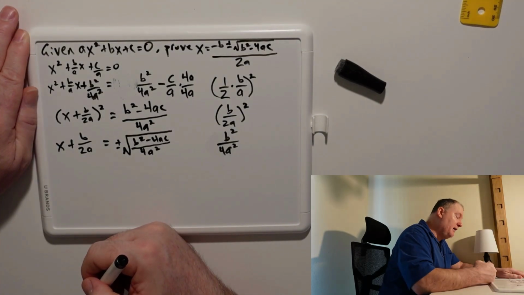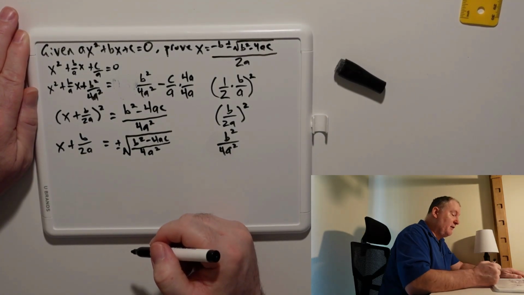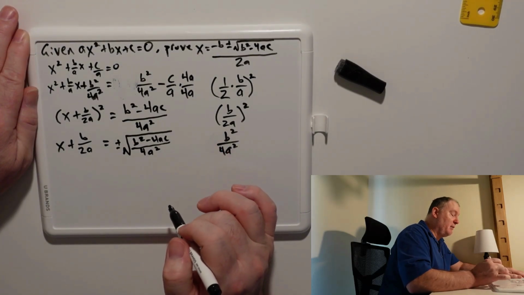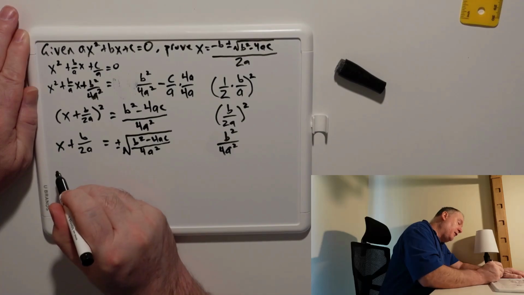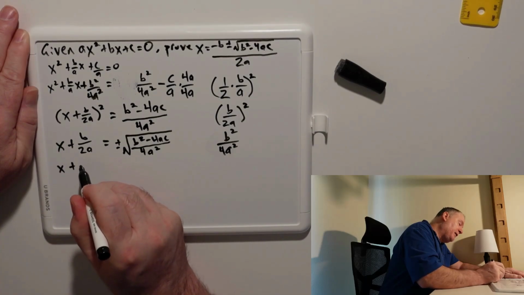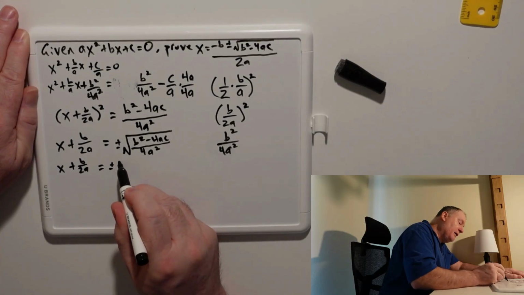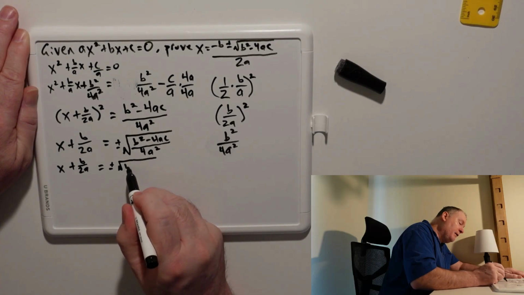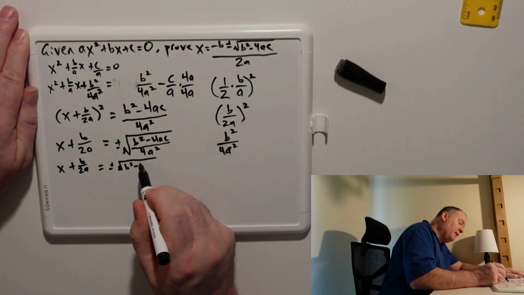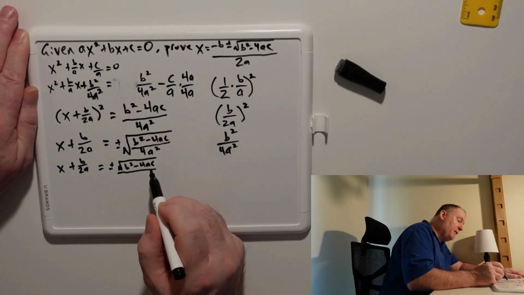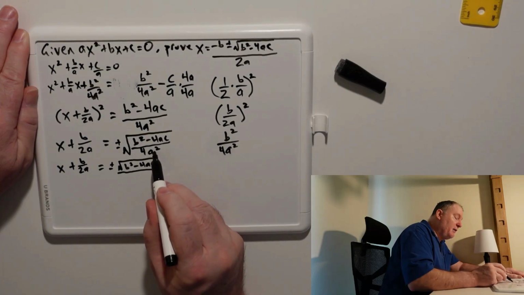That's pretty good. Alright, so the square root of a fraction is the square root of its component parts. And so this is going to give us x plus b over 2a is equal to plus or minus the square root of b squared minus 4ac all over the square root of 4a squared, which is 2a.